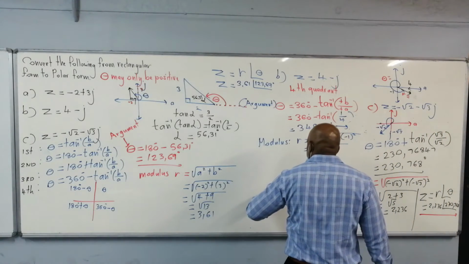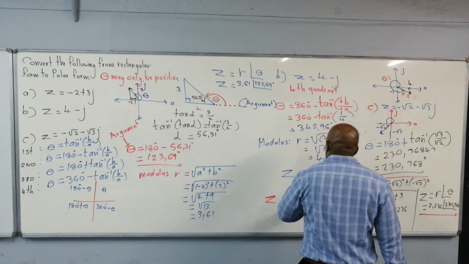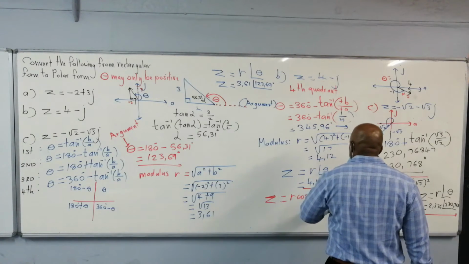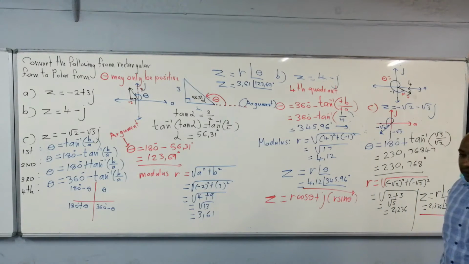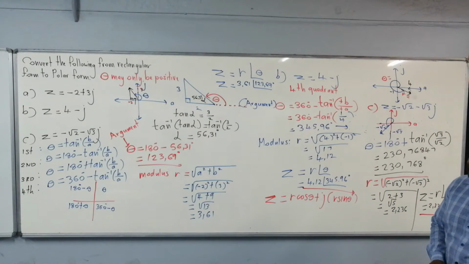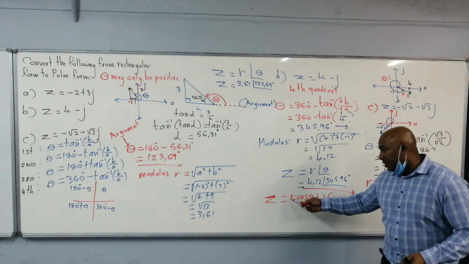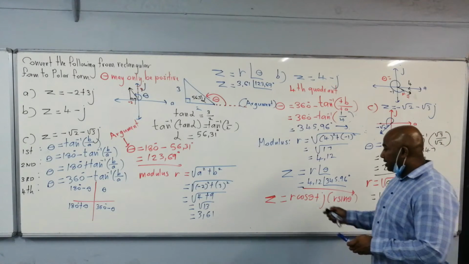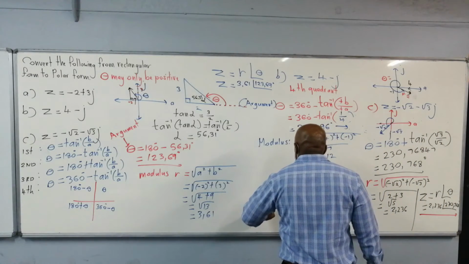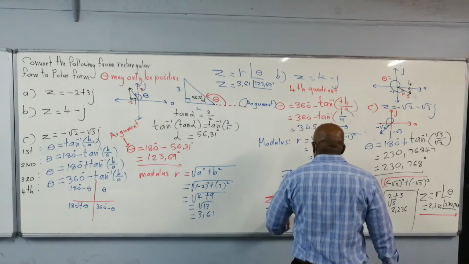Remember, Z is equal to R cos theta plus j R sin theta. That is the formula. You don't have to do it the long way like I was doing before. The formula is always going to be R cos theta, R sin theta. So you will write down the formula and then substitute R. What is the R value here?